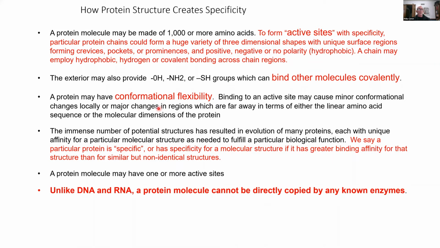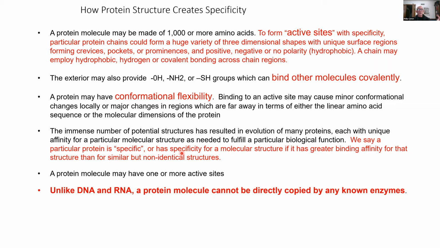Okay. So even though protein is folded up into a particular structure, it still has a little bit of flexibility and wiggle room, and that'll become important in a way I'll show you. And then a protein may fold up into a shape that gives it a site with some specificity.